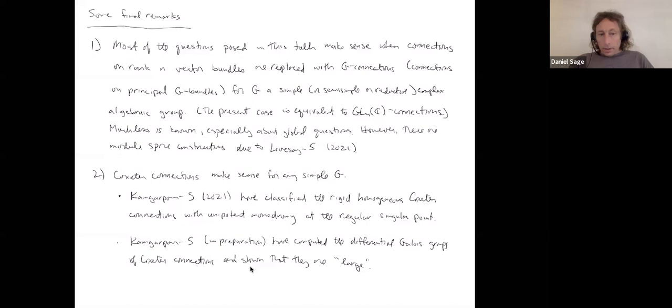One reason I haven't talked about anything for simple G besides GL_n is that it requires introducing some methods from p-adic representation theory, which I could have sloughed over.